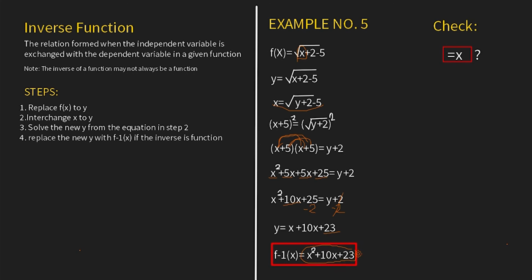Now the product should be x only. So let's see if this f inverse of x is equal to x squared plus 10x plus 23 is an inverse function. So that's all.